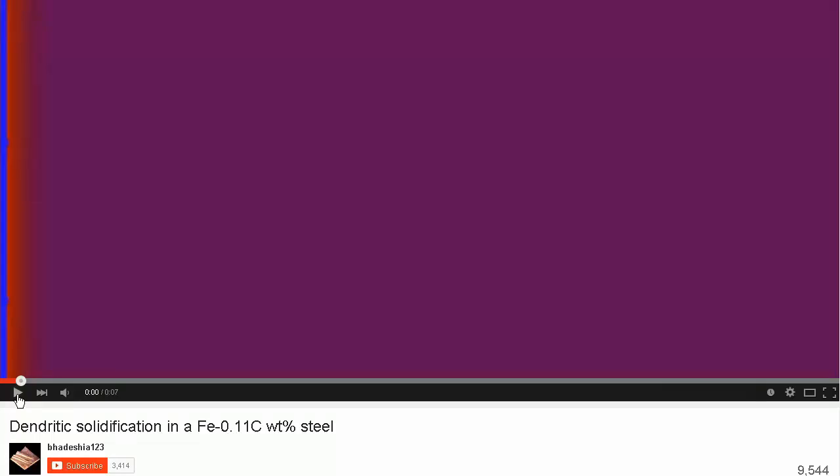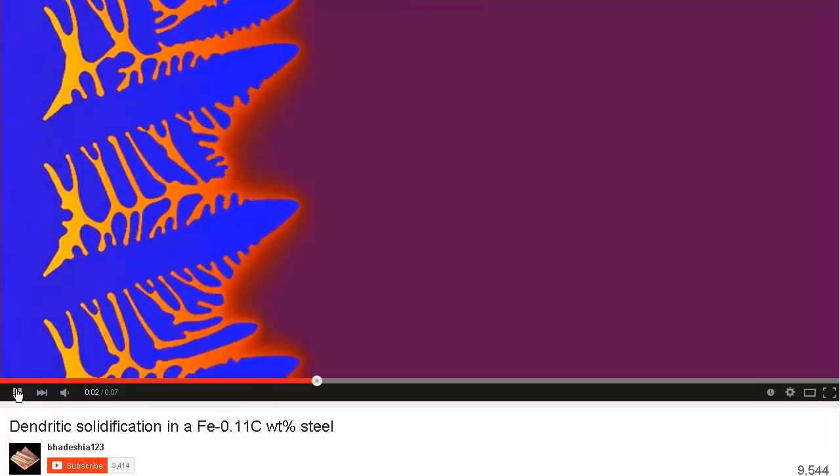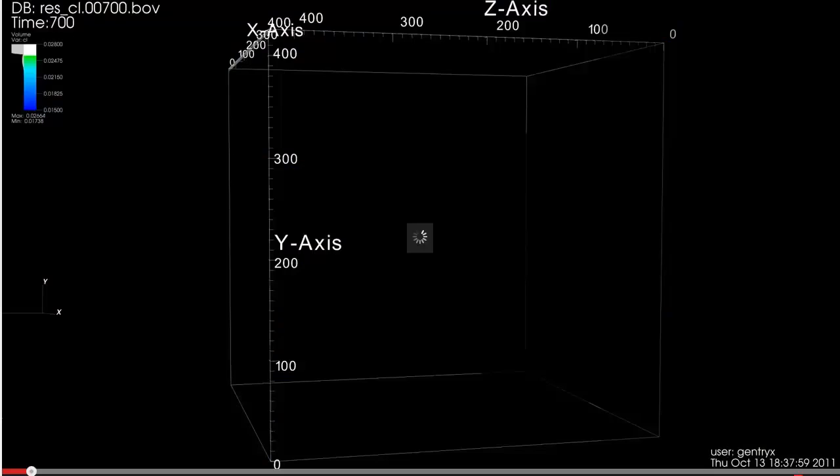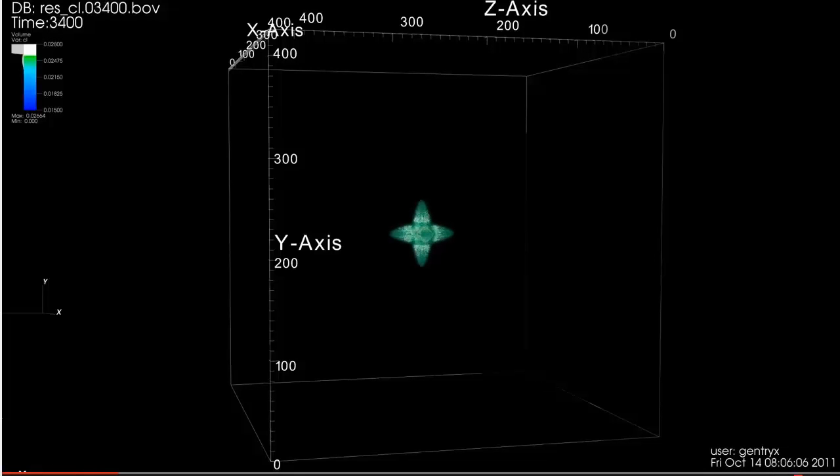This is the computer animation of the growth of dendrites. From the three-dimensional animation, we can see how dendritic growth occurs along certain crystallographic directions.